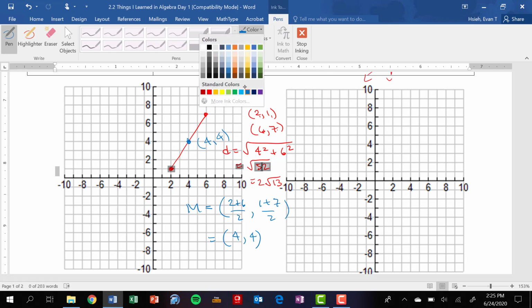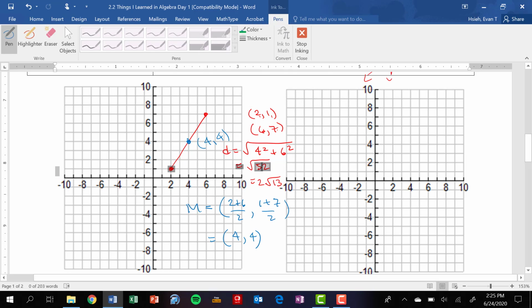And then the last thing here is just a reminder of how to find slope. Slope is going to be how much in the y direction, and then how much in the x direction. So here's the x direction, here's my y direction.